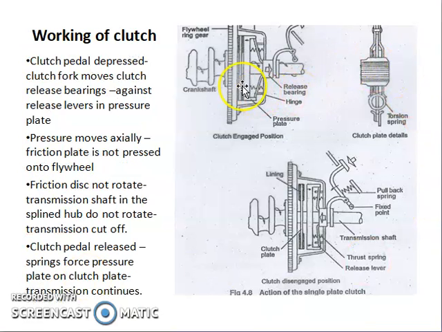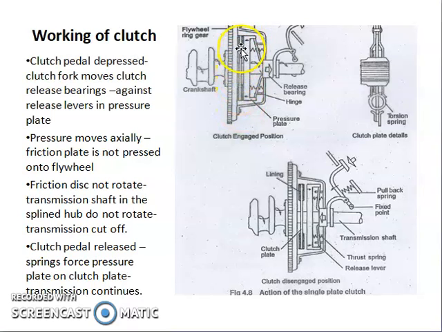Now we can see the two-dimensional diagram of a clutch plate. This is the case when the clutch is in the engaged position, and this is the case when the clutch is in the disengaged position. You can see the flywheel that is attached to the crankshaft, and over the flywheel you can see the friction plate.